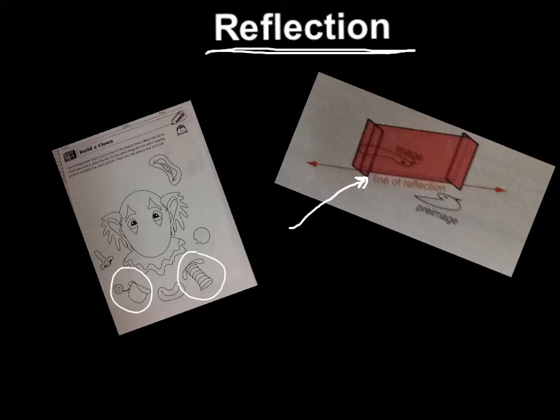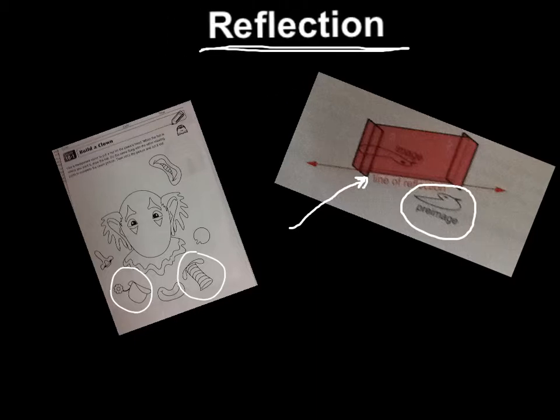We can see that the original image is called the pre-image, and the image that's flipped over on the other side of the transparent mirror is called the image. That image falls an equal distance away from the line of reflection as the pre-image does. It's just the opposite image reflected over that line.